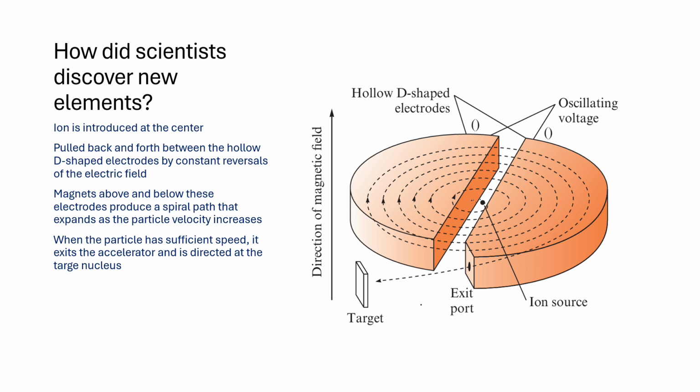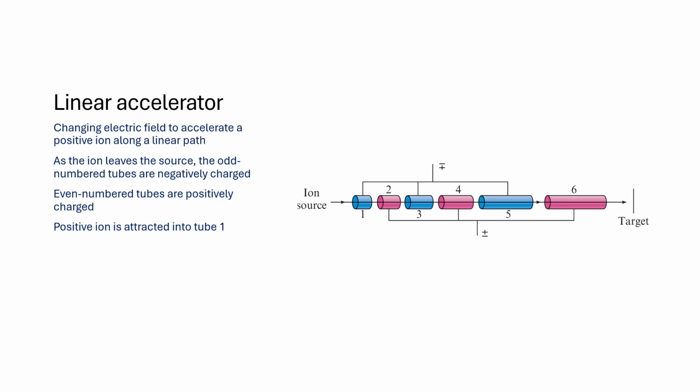Because of that, the particle velocity increases, and when it has sufficient speed, it exits the accelerator and is directed at the target nucleus. Then you have your linear accelerator, which changes the electrical field to accelerate a positive ion along a linear path.